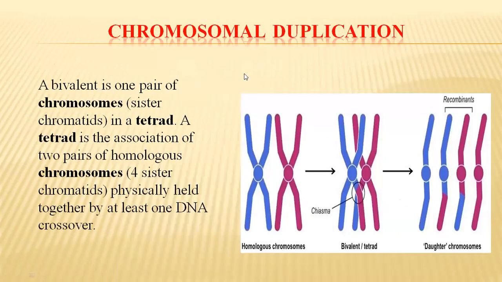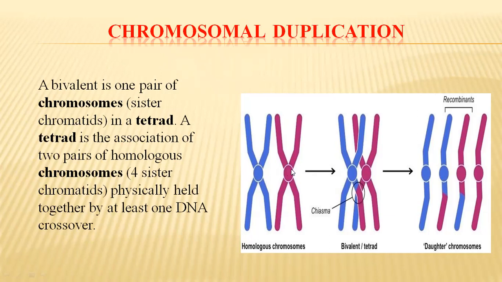In the next phase, chromosomal duplication, the chromosomes have already been duplicated in the S phase of interphase. So here those duplicated DNA molecules condense and take the form of chromatids. Now in this phase, the two chromosomes are closely arranged with the help of the synaptonemal complex.